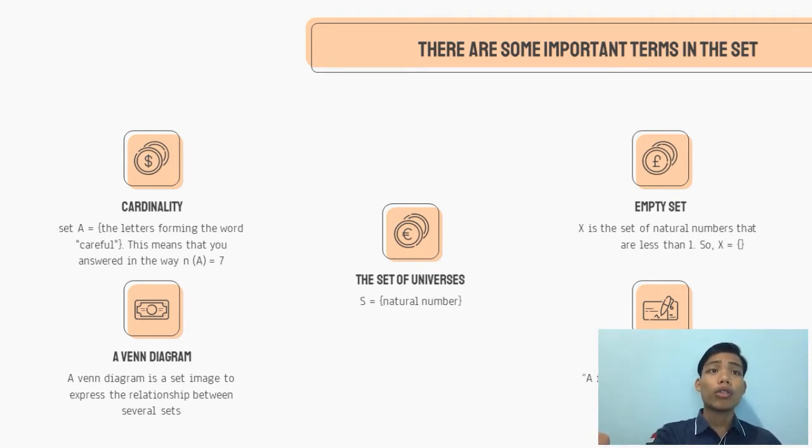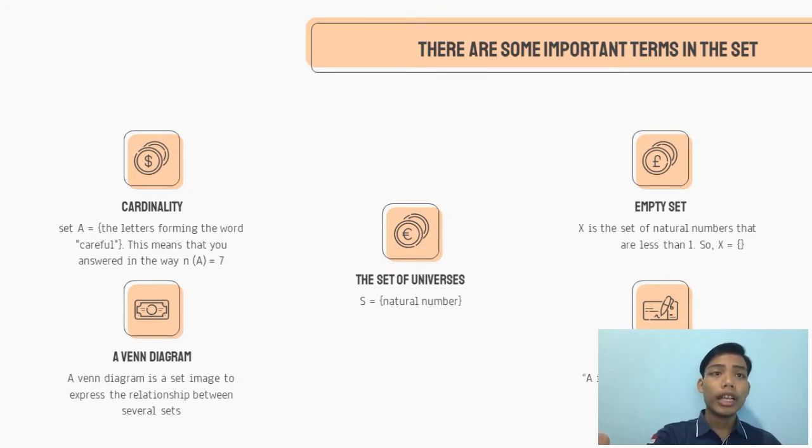Okay, that's about cardinality. The second one is the universal set. The universal set is the set of all elements which are the objects of discussion. The universal set is denoted by S. For example, S is the natural numbers, just like that.